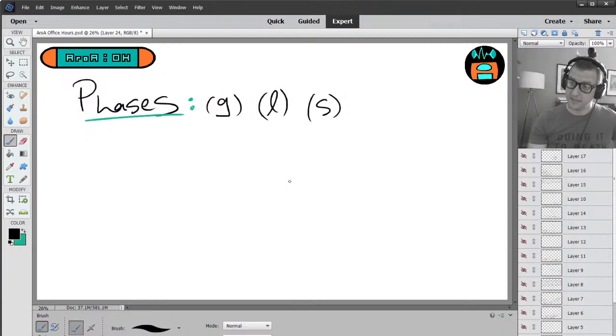There's another phase that is more relevant to day-to-day life, more relevant to introductory chemistry. That's why I'm talking about it. And that is this phase. AQ is the aqueous phase.